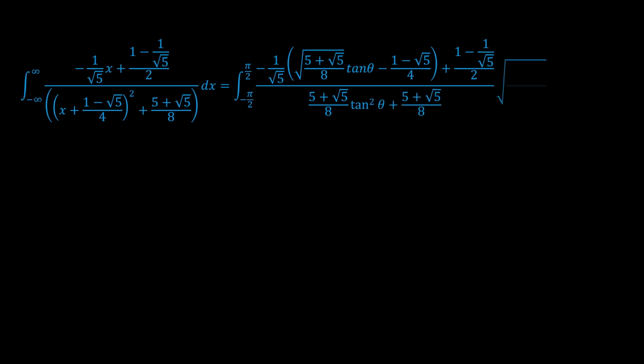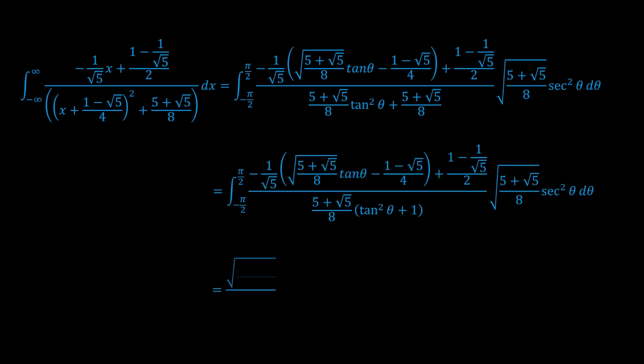And in place of x plus 1 minus root 5 over 4, we can substitute the square root of 5 plus root 5 over 8. Now that squared, we have 5 plus root 5 over 8 tan squared theta, and the constants remain. And in place of dx, we have the square root of 5 plus root 5 over 8 sec squared theta d theta.